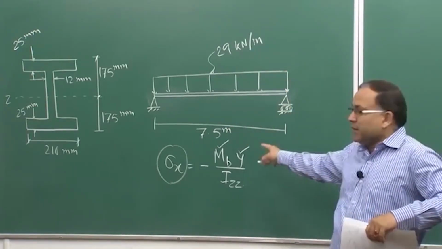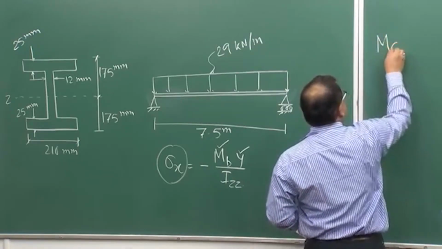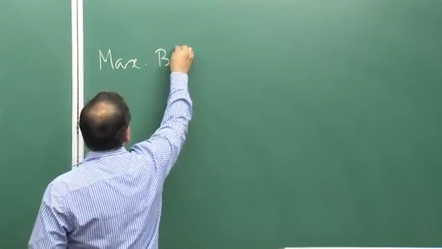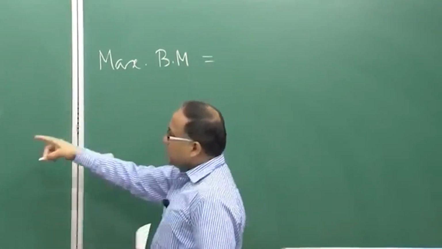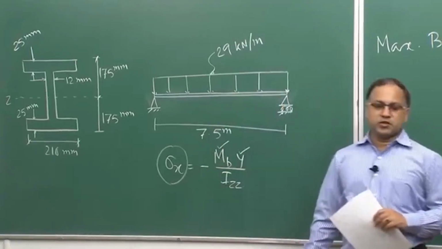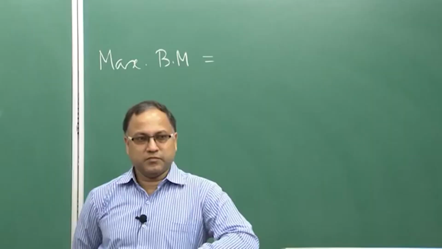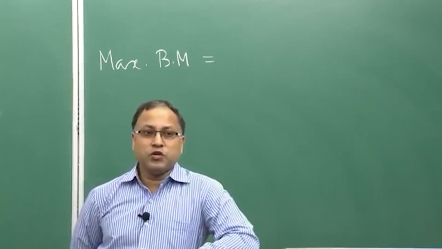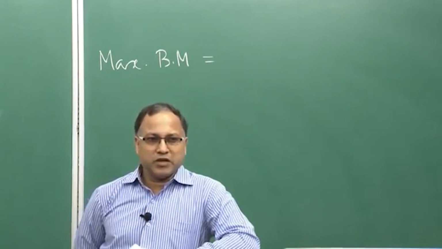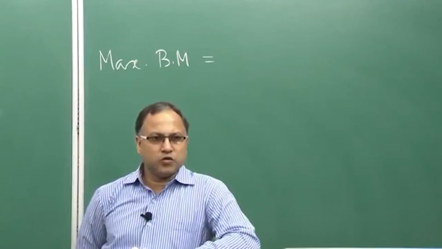Now, let us find out the maximum bending moment first. From our earlier discussion, for this kind of simply supported beam with uniformly distributed load, the maximum bending moment happens at the center. You can check it, I am not going to do that again, because you are quite familiar with the solution procedure.